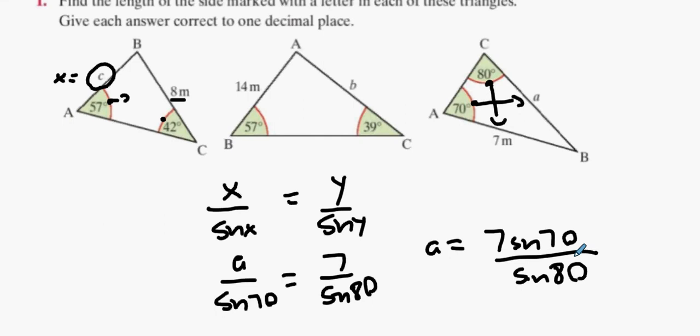And we get an A value of 6.67 or 6.7. So that is 6.7 meters, alright?